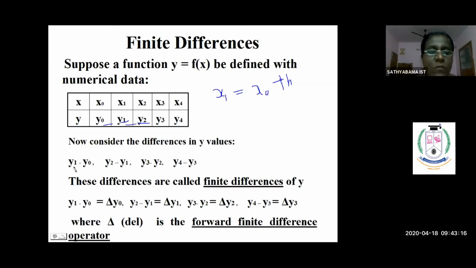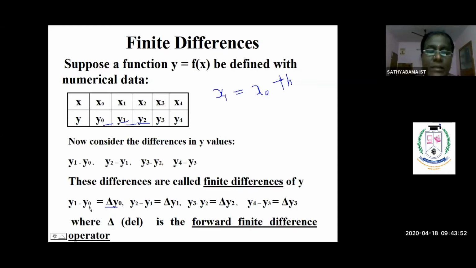So I'm seeing here y1 minus y0, y2 minus y1, y3 minus y2, etc. These differences we call finite differences of y. And the notation for these differences I'm going to use is del. Del is called an operator. What is an operator? An operator means doing some mathematical operation. What operation are we doing here? We are doing subtraction, that is, the differences. How is the difference calculated? Succeeding minus previous.